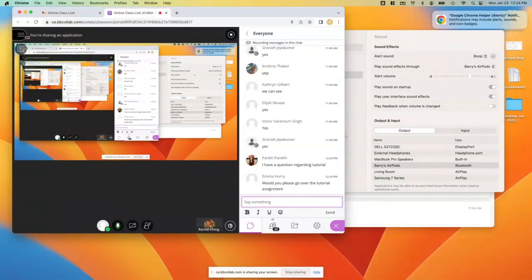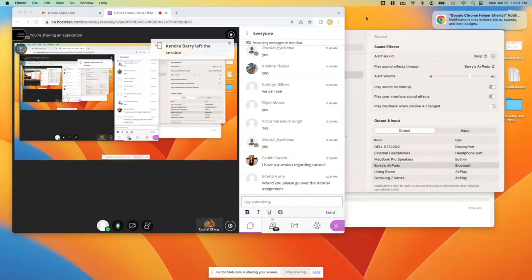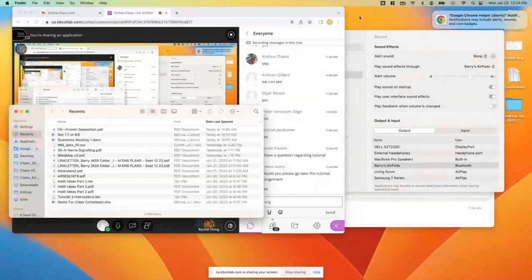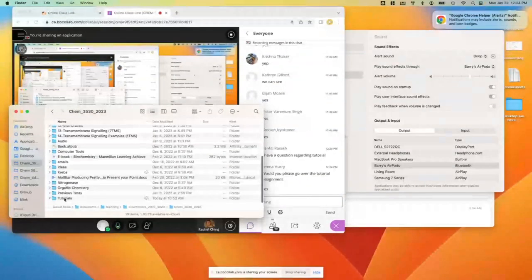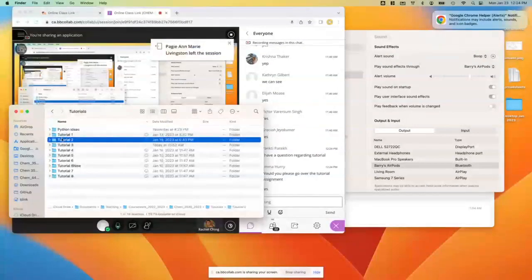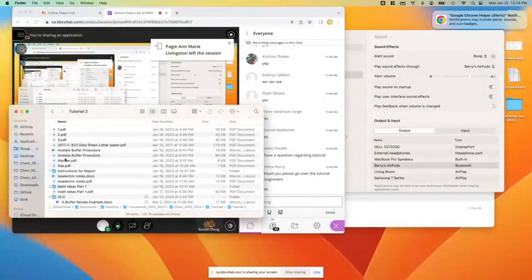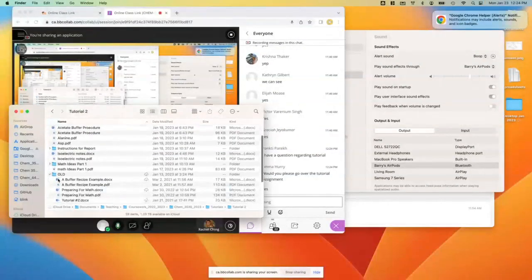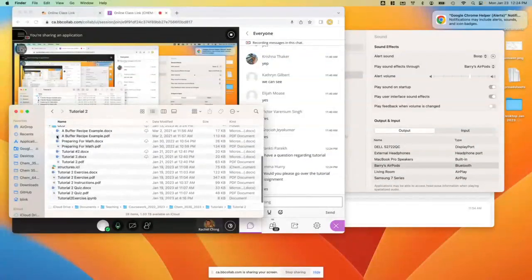Would you go over the tutorial assignment? I presume you mean tutorial number 2. So on the Moodle site there's a buffer recipe example.